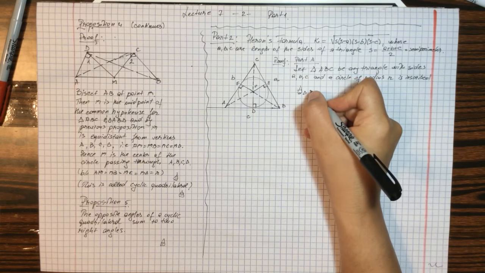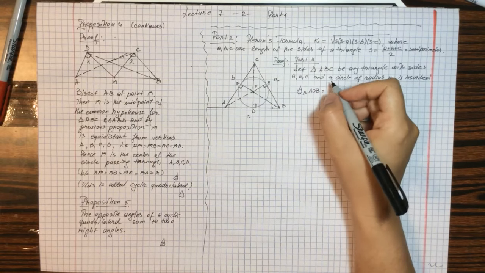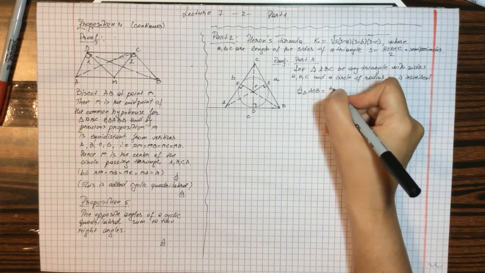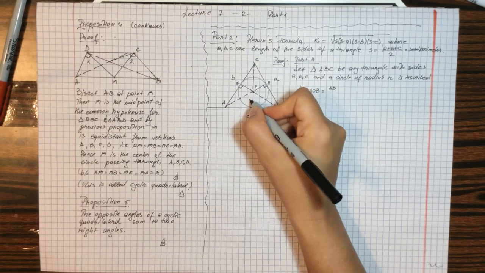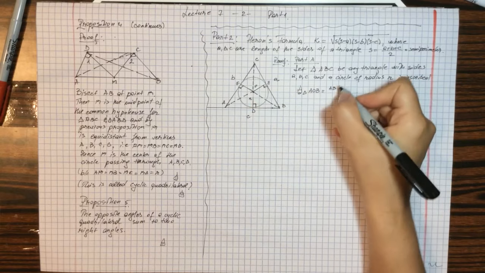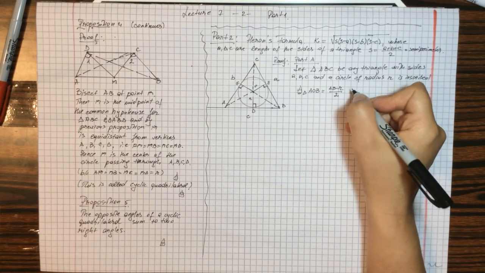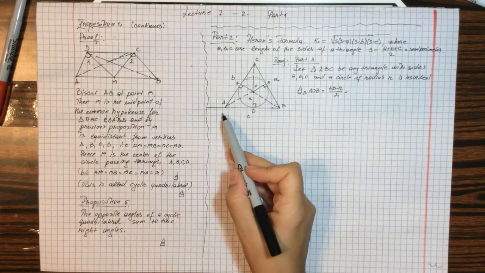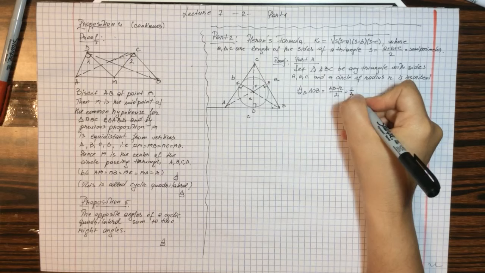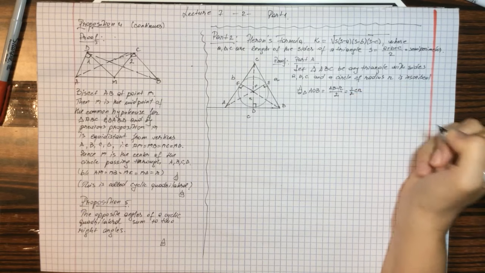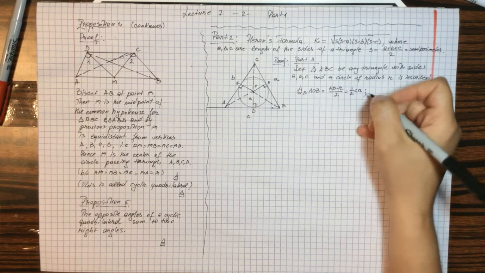So area of triangle AOB is equal to AB times R over 2. Well, the length AB, I called it little c, so this is nothing other than half times c times R. So this is the area of triangle AOB.